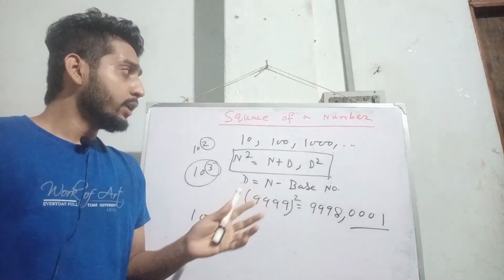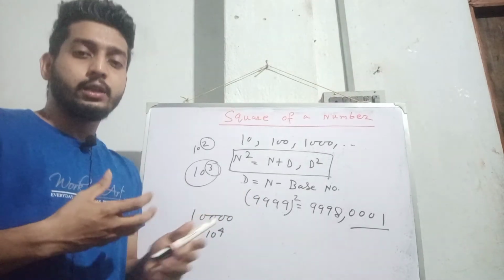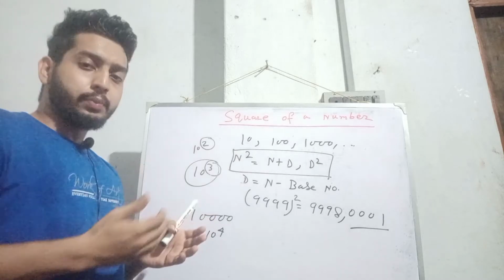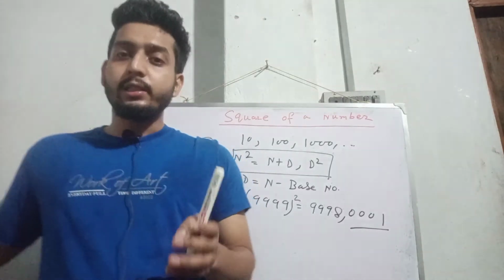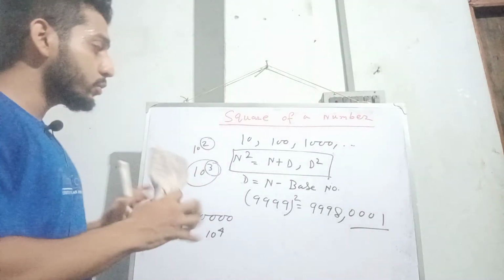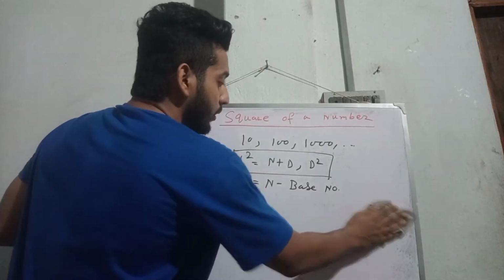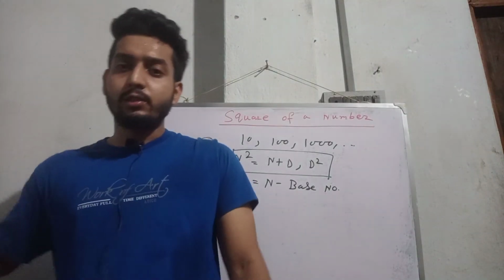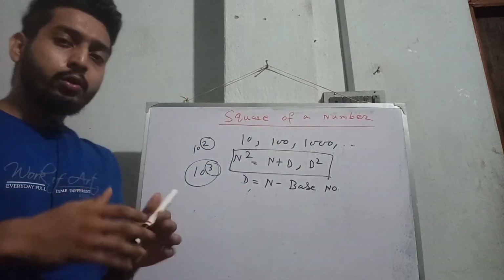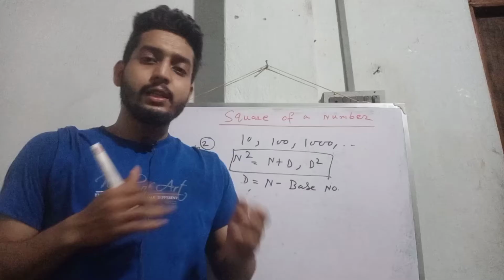This is the way to find the square of a number which is nearest to the base. We can apply this process to any number nearest to the base number. We can also find 99999 square, 999999 square. Any number which is nearest to base is very easy to calculate.